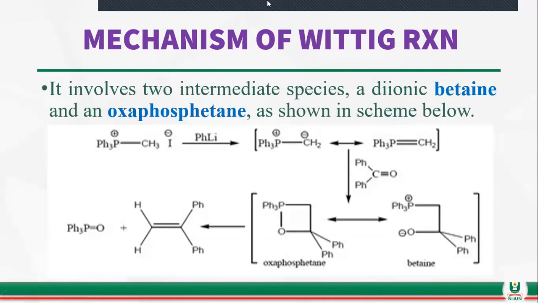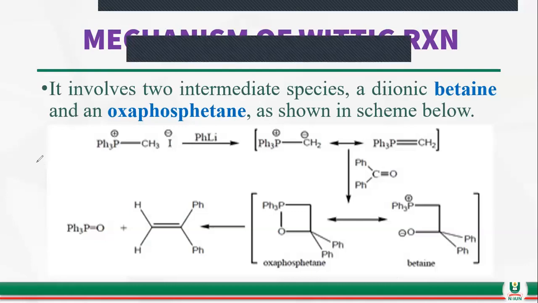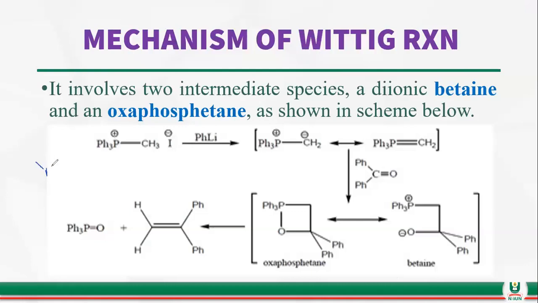Like for example, let's look at an example of a reaction where we have 3 phenyl groups on this, 3 phenyl groups on this. And here we have a CH2.